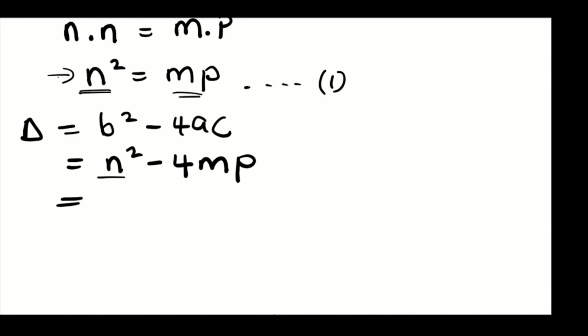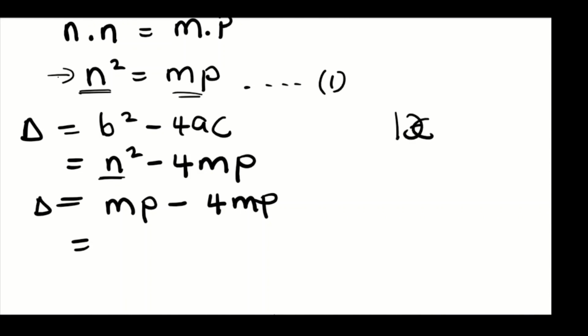Instead of writing n squared, I'm just going to write mp. So it's mp minus 4mp. This is still the discriminant, and mp minus 4mp is the same as 1x minus 4x, right? So please don't get confused. So here I'm just going to have minus 3mp, right? So the discriminant is complete.